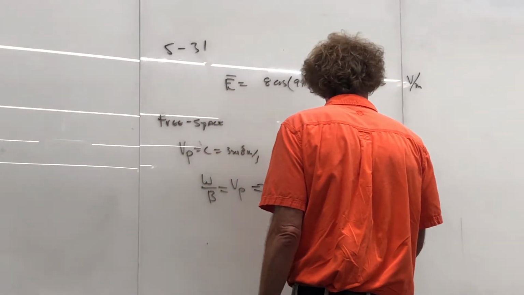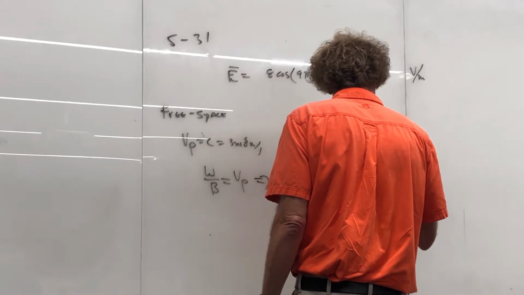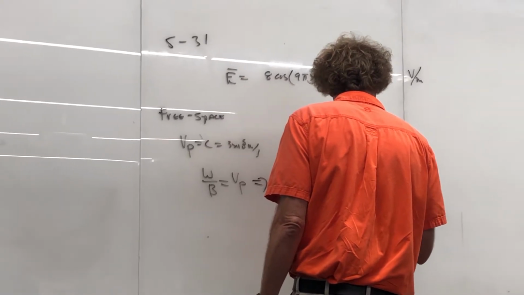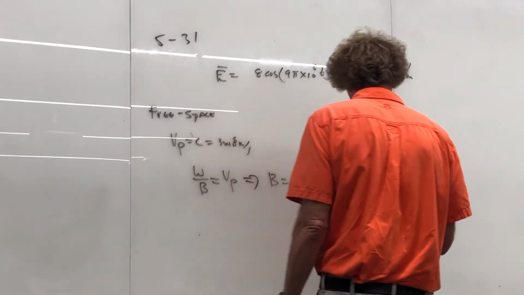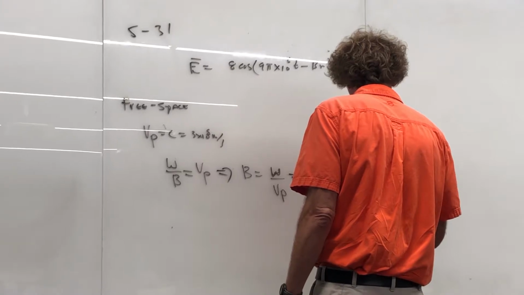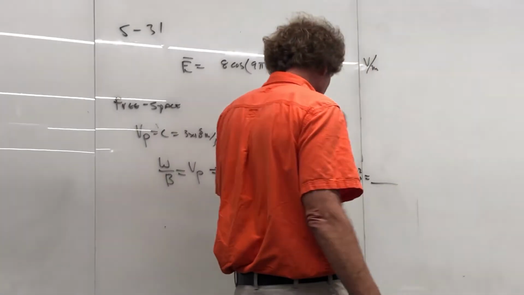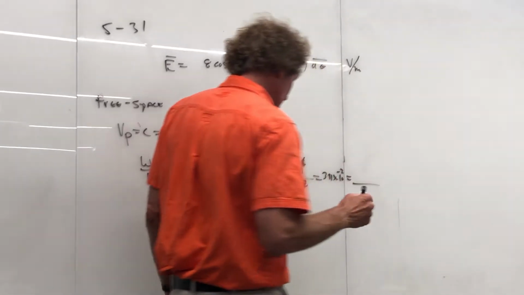So that's 9 pi times 10 to the 6th, divided by the phase velocity, which is 3 times 10 to the 8th. So that means that's 3 pi times 10 to the minus 2, right? That's an 8, and that's a 6.